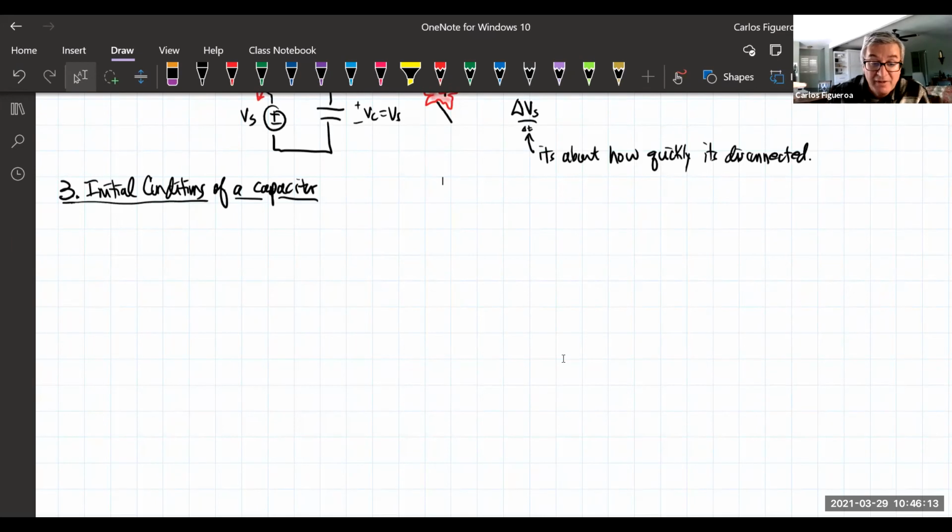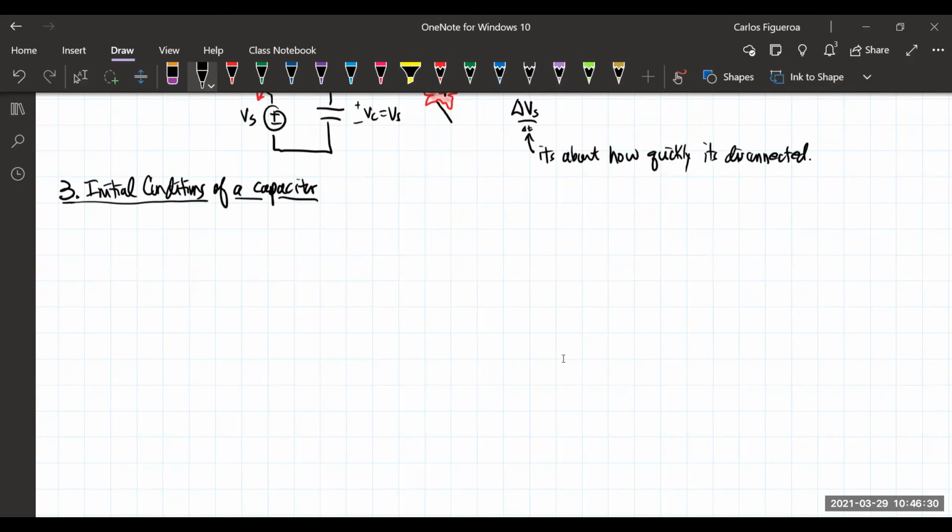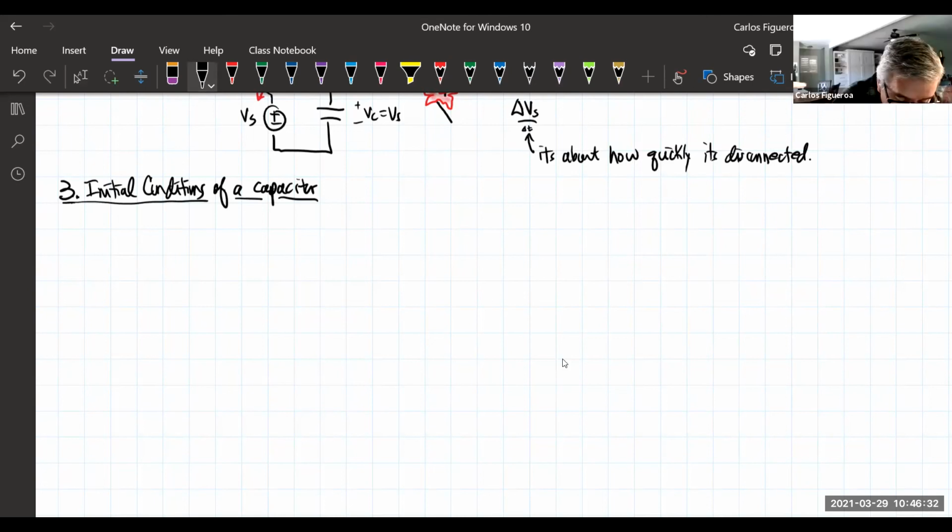Okay, moving on here. So what you're going to see here is that there's two behaviors, okay? The time factor to remove charge from a capacitor, right? So there's an issue here.